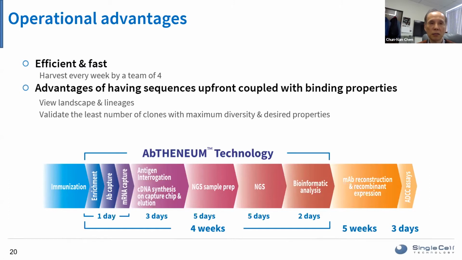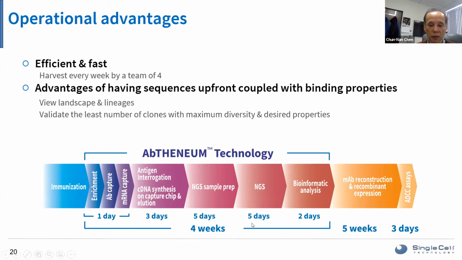So let's say for whatever reason the immunization did not go too well and you only have very few hits, then you don't have to go forward with this particular workflow. But let's say you got quite a number of hits and the binding profile looks very exciting, then you can move forward with the cDNA sequencing part by doing the NGS preparation. So there's a stopping point at this point, and you can decide if you want to go forward or not.